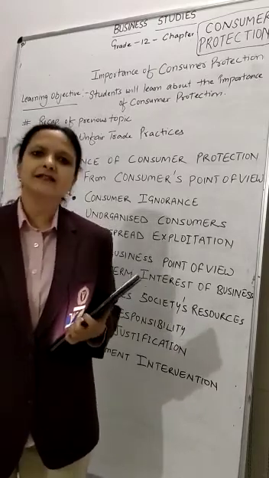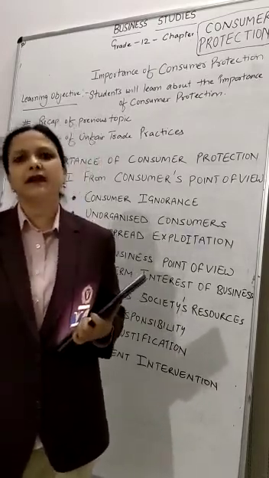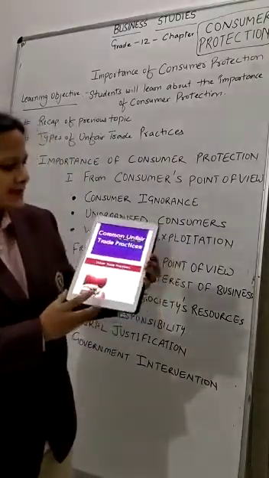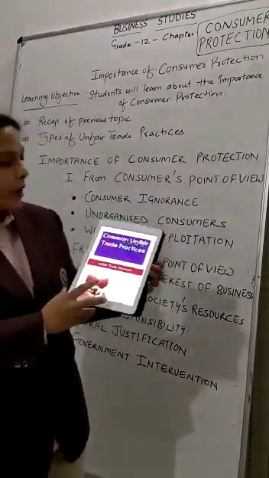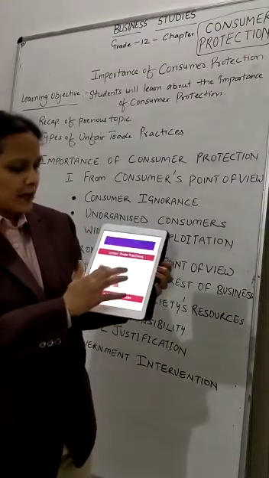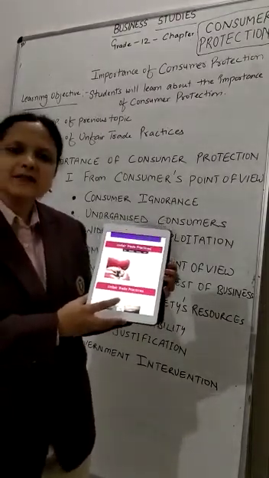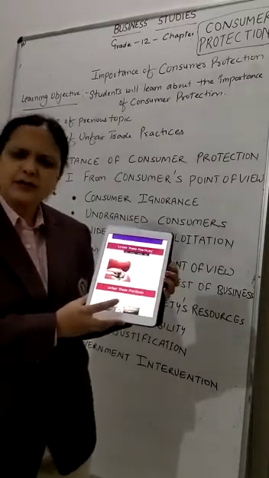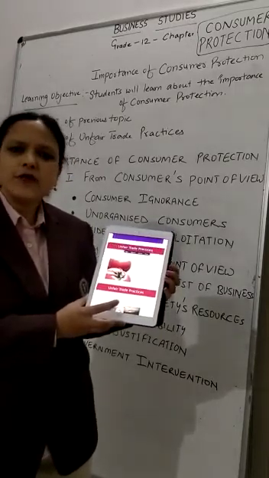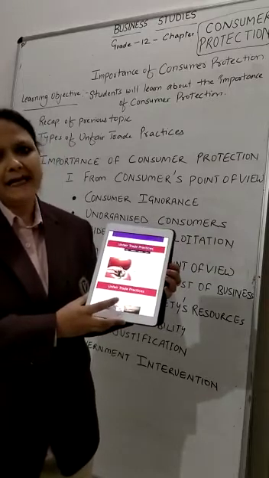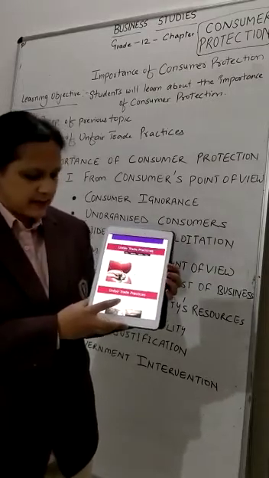Now I will share some examples of common unfair trade practices with you. First one is adulteration. Adulteration means making a product or good of poorer quality by adding any substance.